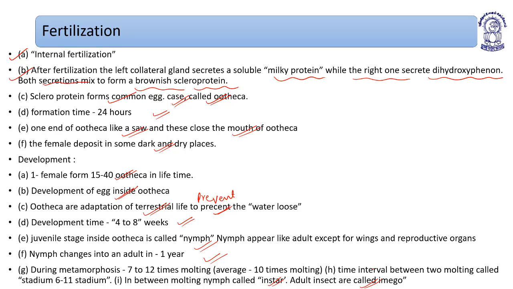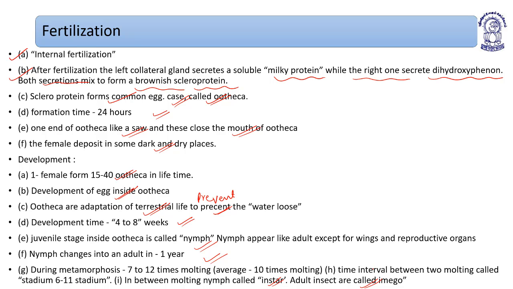Fertilization is internal. The left collateral gland secretes a soluble milky protein, while the right one secretes dihydroxyphenol. Both secretions mix to form a brownish scleroprotein, which forms the ootheca, the egg case. Formation time is 24 hours. One end of the ootheca is just like a saw and closes its mouth. The female deposits it in dark places.